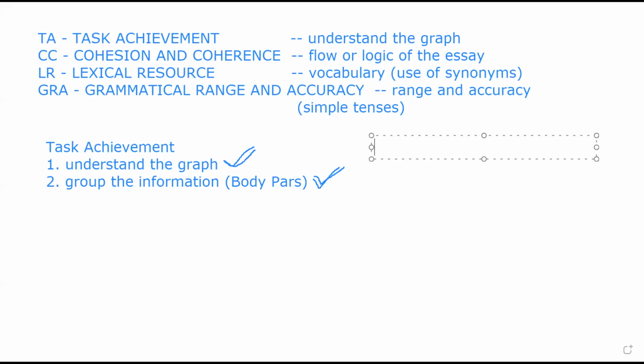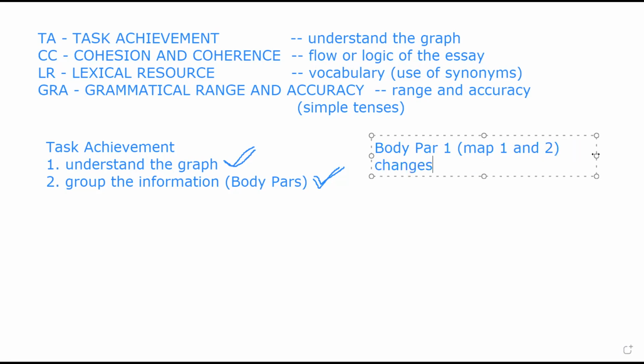Again, the warning here is don't write from left to right. Okay, so for example, your body paragraph 1 is map 1, and your body paragraph 2 is map 2, which is after things have been changed. What you need to do is that body paragraph 1 covers both map 1 and 2, but you have to check the changes, major changes or bigger changes.